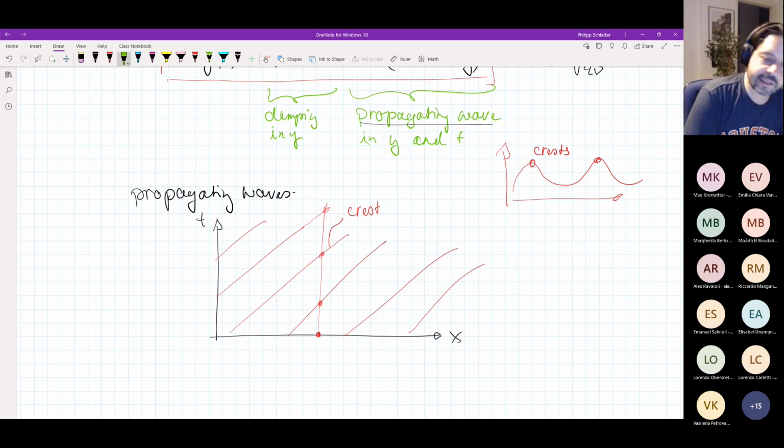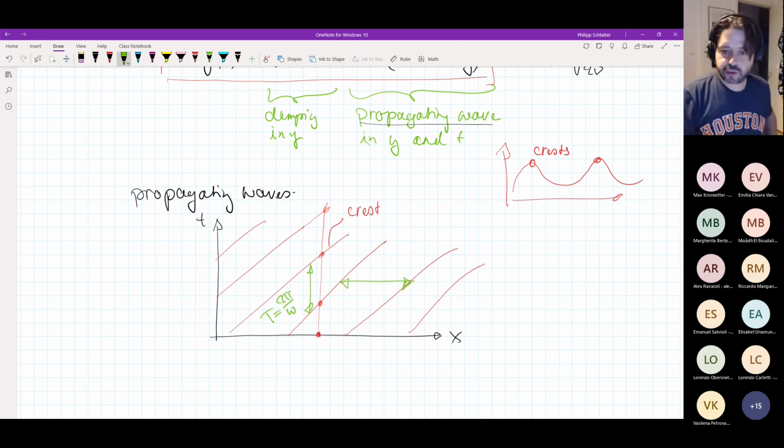Now, using this graph here, I can, of course, read out a few interesting numbers. For instance, the distance between two wave crests in time would be the period, so this would be 2 pi divided by omega. And I can also look at the wavelength in space. If I'm taking a picture and looking at the wave, then the distance between two crests at a given time would be the wavelength.